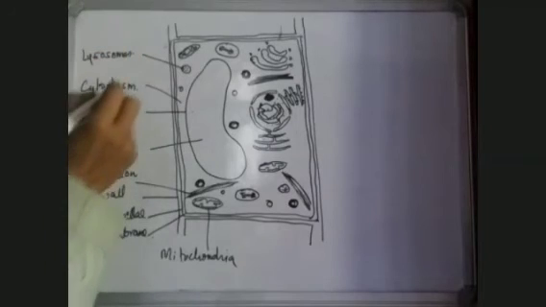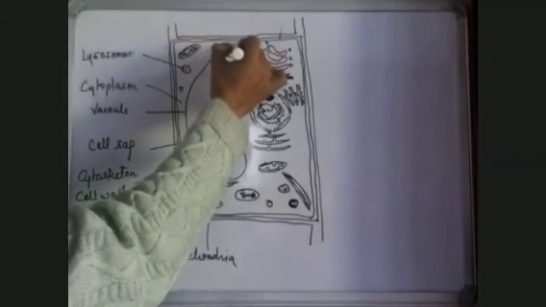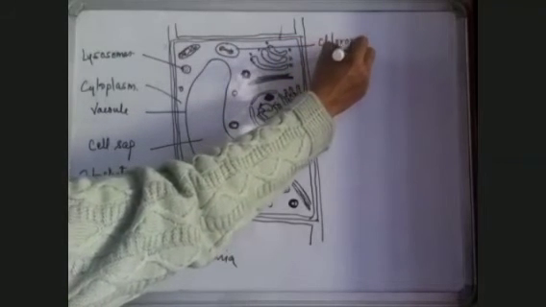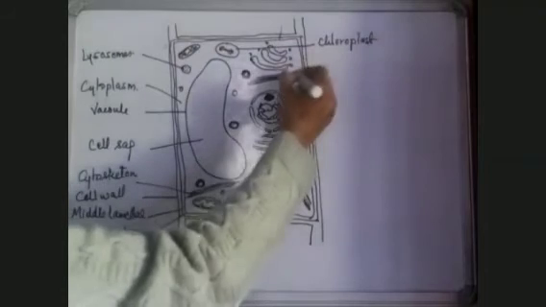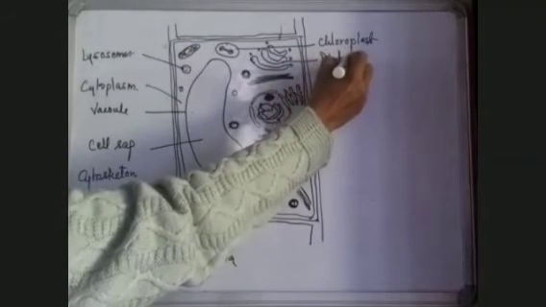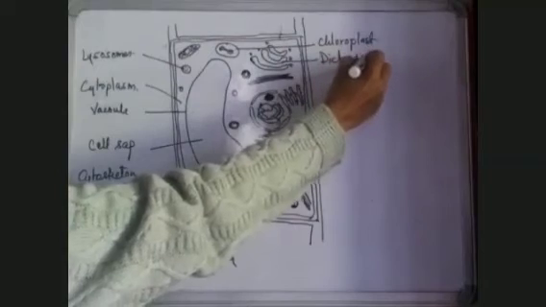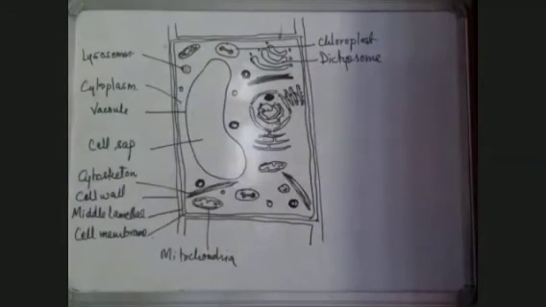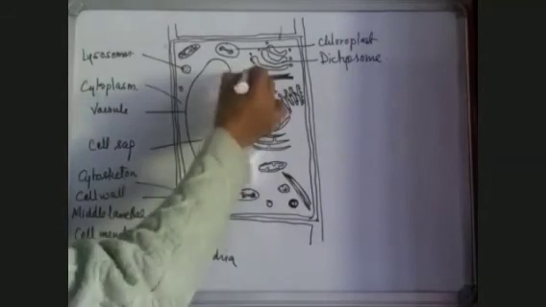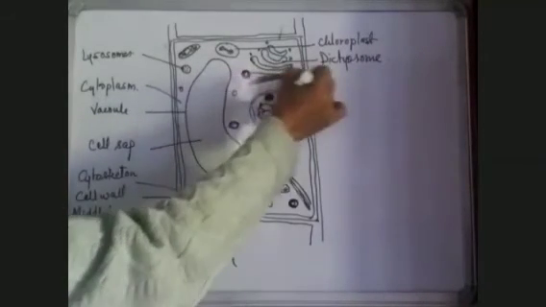Then we have the chloroplast. This is dictyosome. The Golgi body in case of plant cell is known as dictyosomes. Then we have these ribosomes.